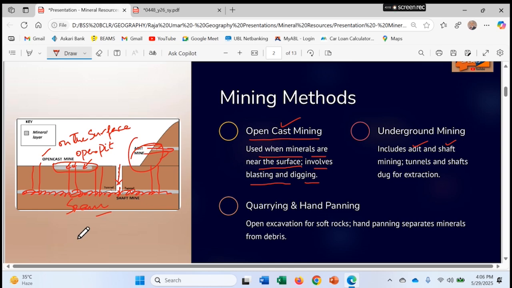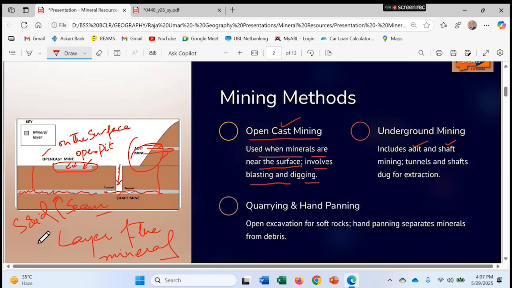Seam is another really very important term that is used. Seam is known as the layer of the mineral underneath. You can see that here this grayish color is the available mineral. This is the available mineral layer underneath, and this is known as the seam of the mineral.